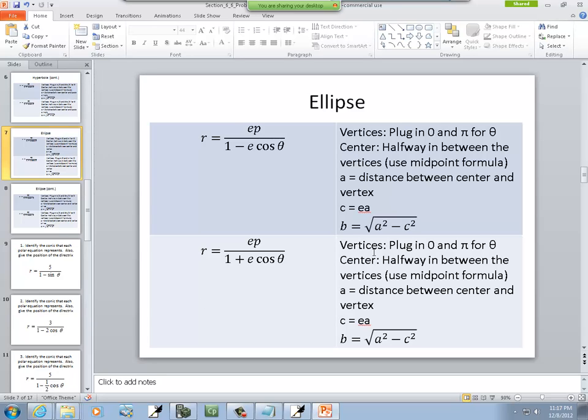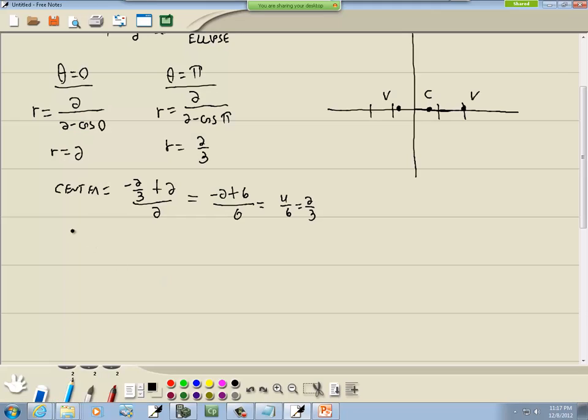A is the distance between the center and a vertex. Doesn't matter which one. Well, that's 2/3. And this vertex over here is at 2. So let me go ahead and add 2 and divide by 2. This is the midpoint formula, find the halfway in between them. You could do that different ways. And I'll multiply everything by 3. So that gives me 2 plus 6 over 6, gives me 12 over 6, or gives me 2.